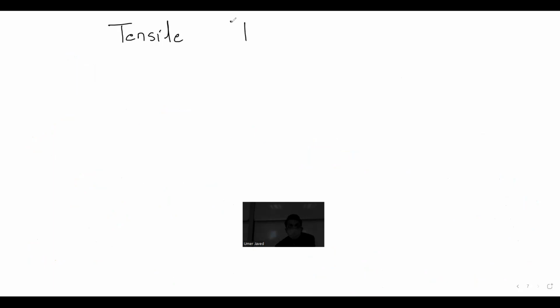Tensile test. Let us do this quickly without any ado. So we have, let's say, a dog bone specimen. Let me just make it.